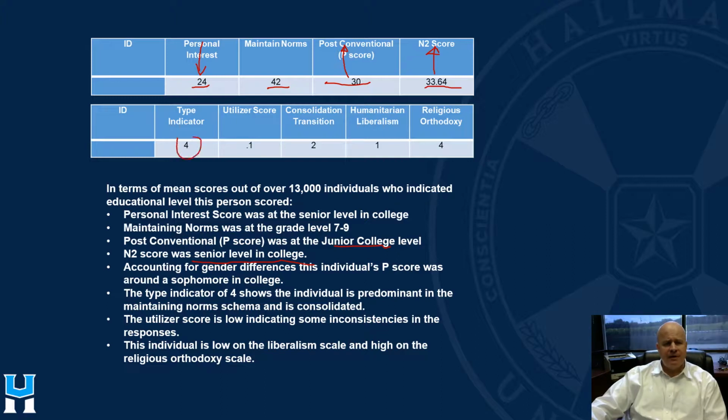The type indicator is 4, as we talked about, predominantly maintaining norms, which is obviously supported by this. The utilizer score we talked about, they have a very low utilizer score. They are firmly entrenched in maintaining norms because they're a 2 and not a 1. Low on the liberalism scale, high on the orthodoxy scale.